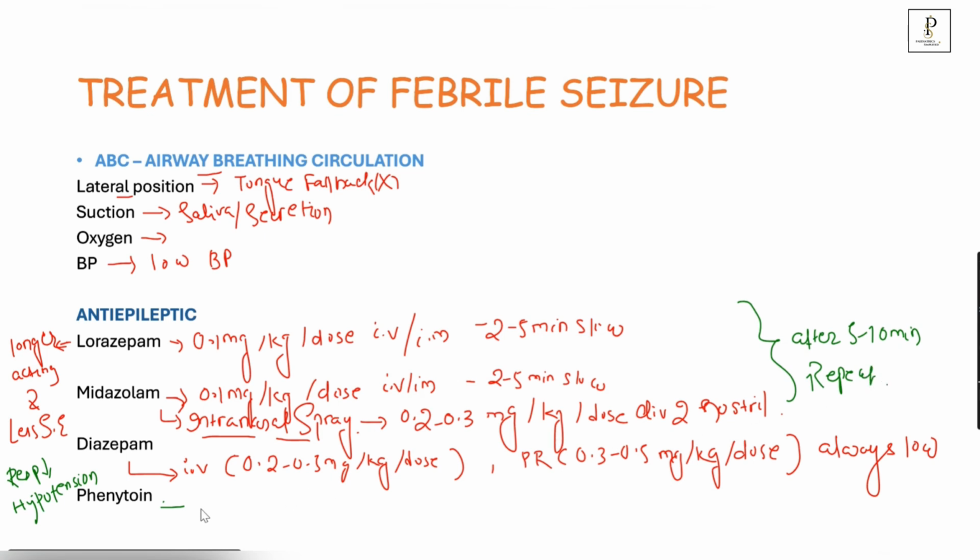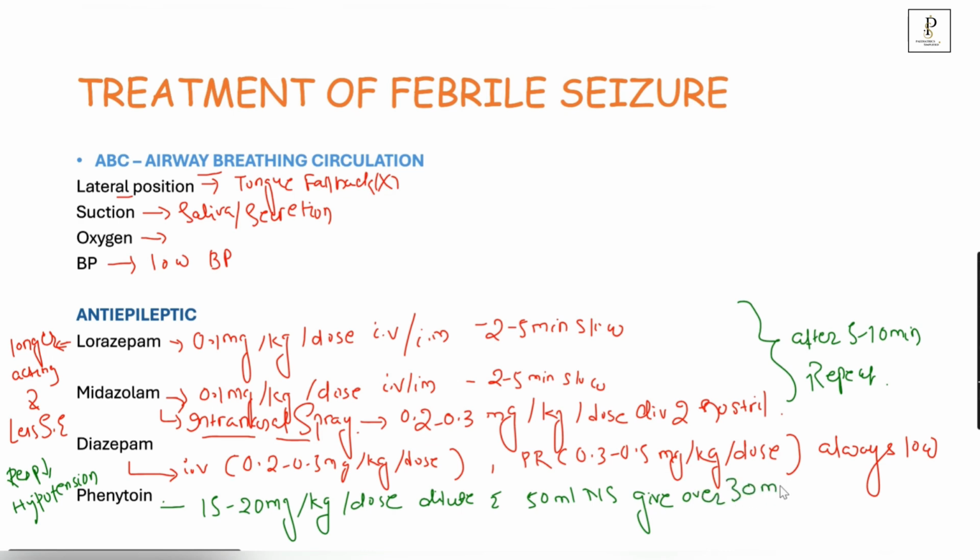Okay, phenytoin. If the seizure is still not coming down, you can give phenytoin. The dose is 15 to 20 mg per kg per dose. Dilute with 50 ml NS and give over 30 minutes.